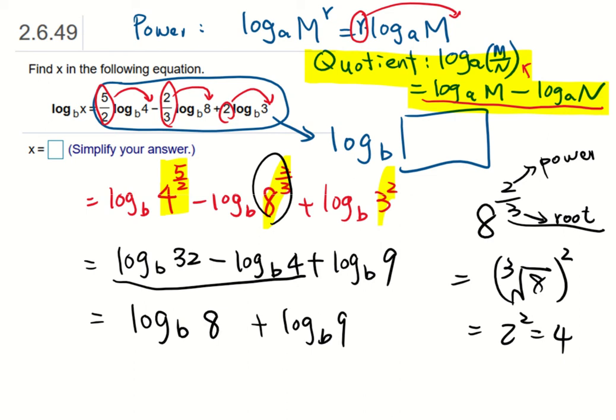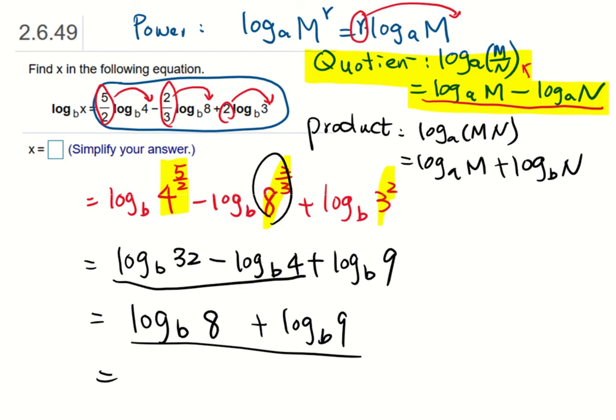Right, so next we can write these two logs as one log using the product rule. Okay, I got the product rule over here. So that means if you have two logs with the same base adding, you can write those two logs as one log and use the new argument as the product of the old two arguments. Right.